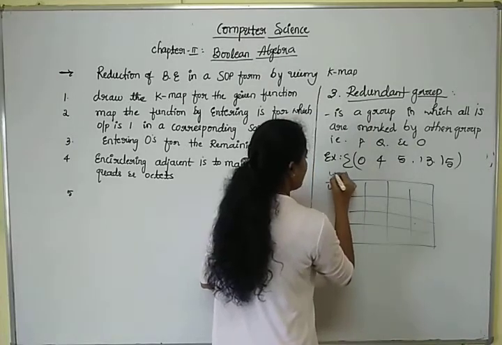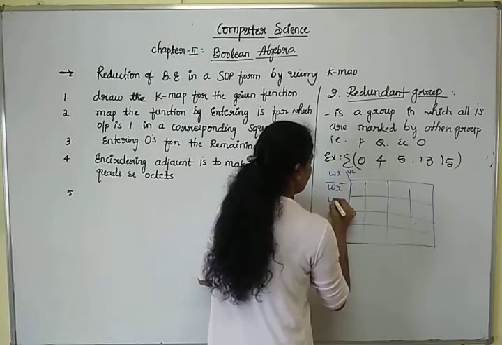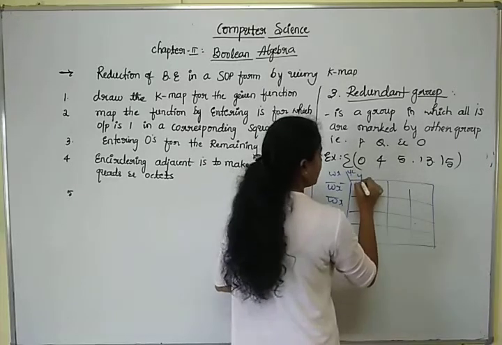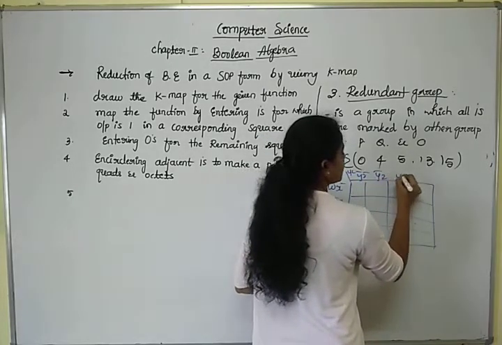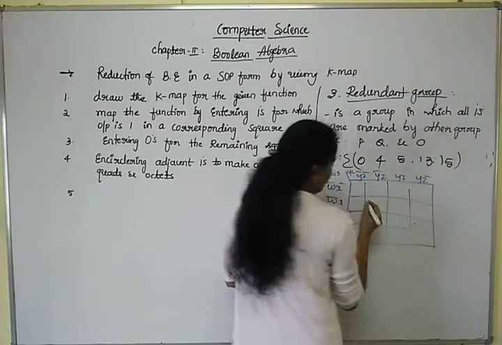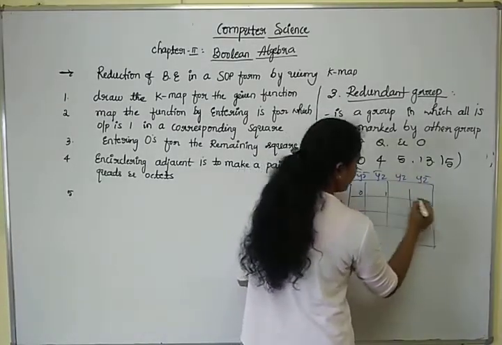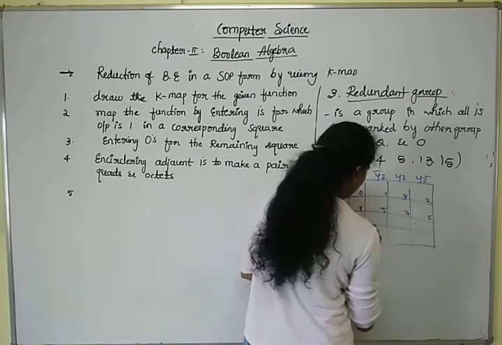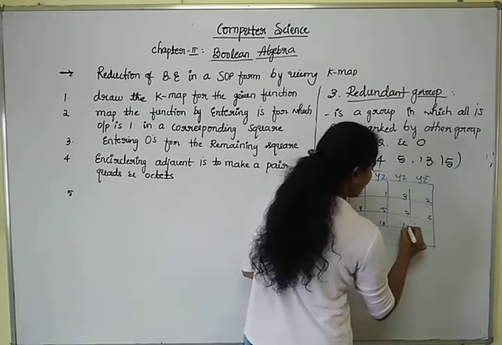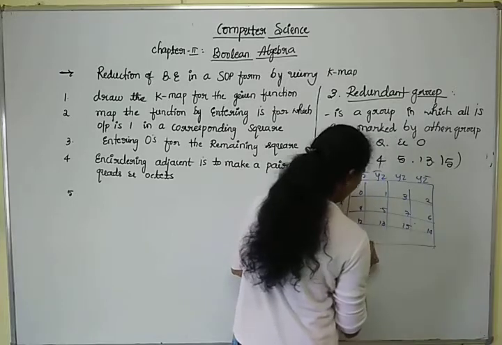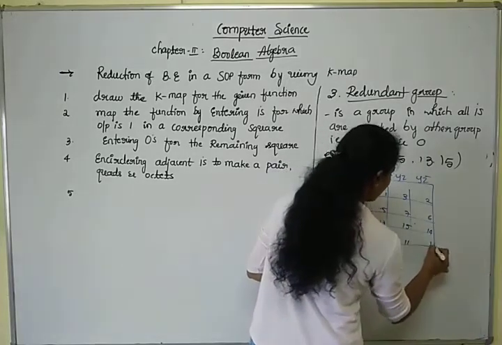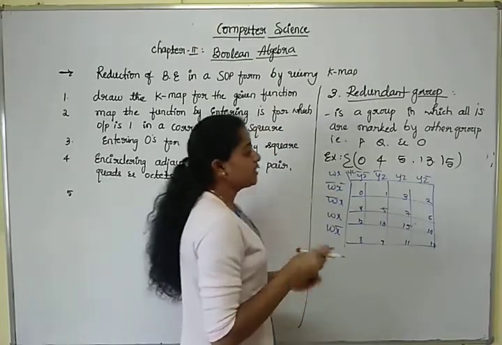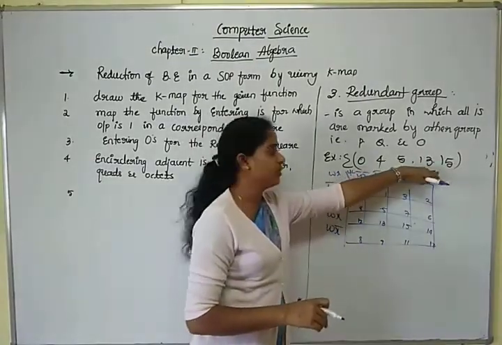W bar X bar, W bar X, W X, W X bar, Y bar Z bar, Y bar Z, Y Z, Y Z bar. The numbering scheme is 0, 1, 3, 2, 4, 5, 7, 6, 12, 13, 15, 14, 8, 9, 11 and 10. Now inserting the ones for which the output is 1.